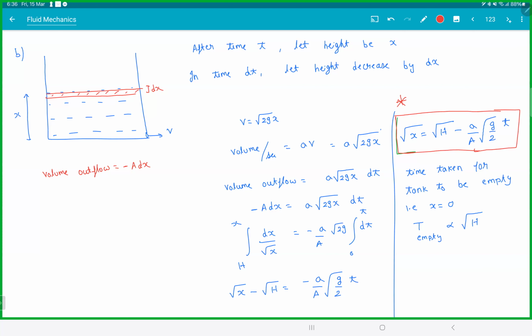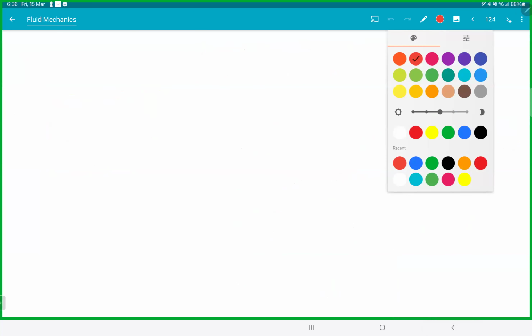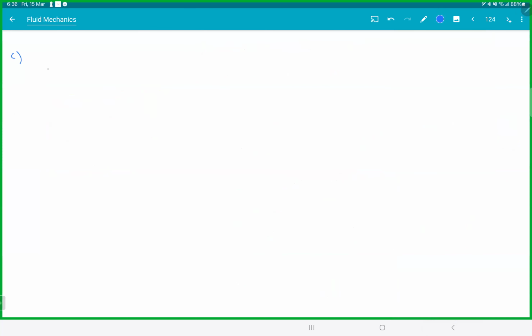That was easy. Why are you guys struggling so much? For the first half, you're going from h to h by 2. So basically, x is h by 2.